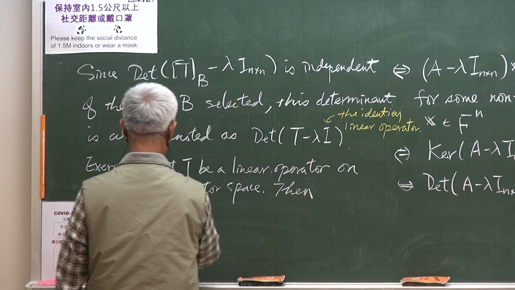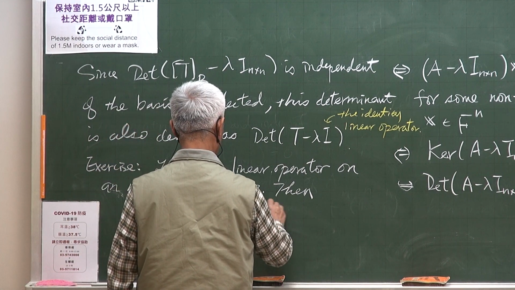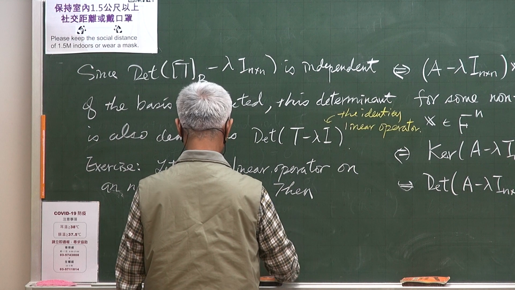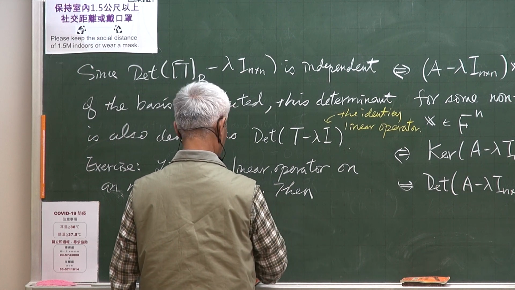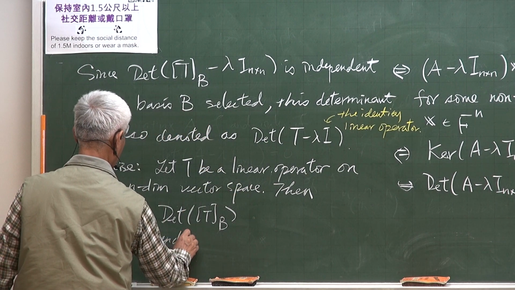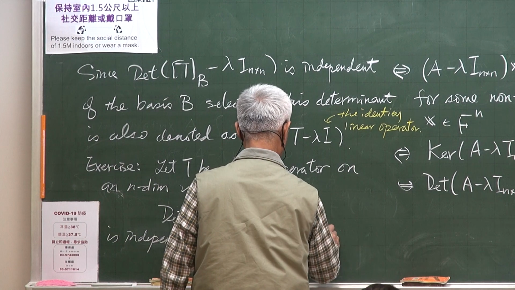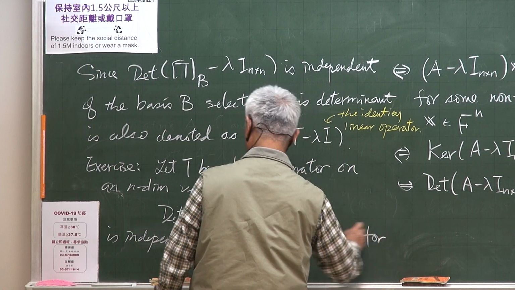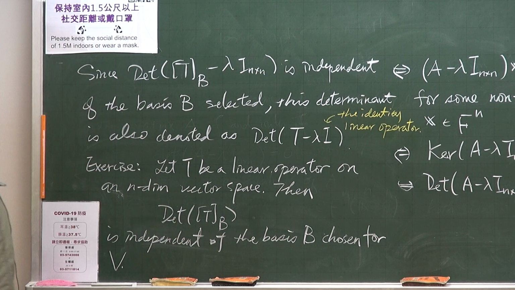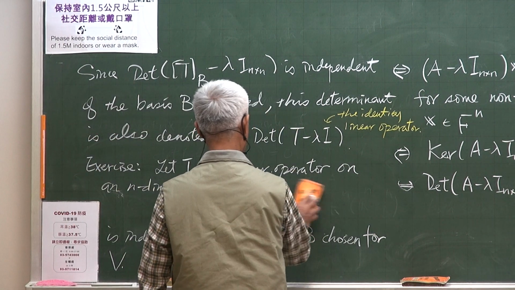Then the determinant of the matrix representation of T is independent of the basis chosen for V. So please prove that.